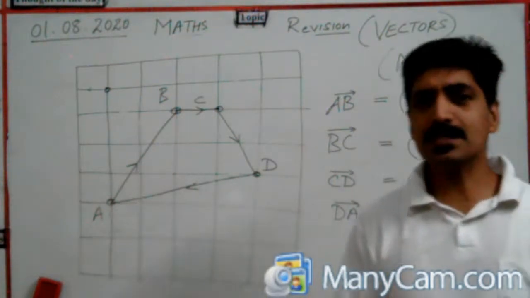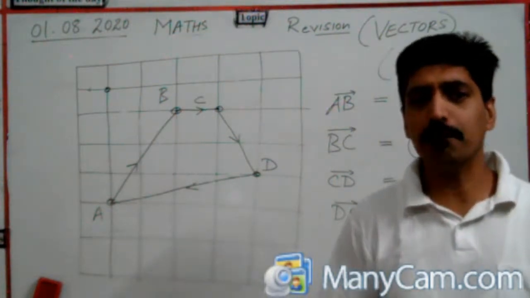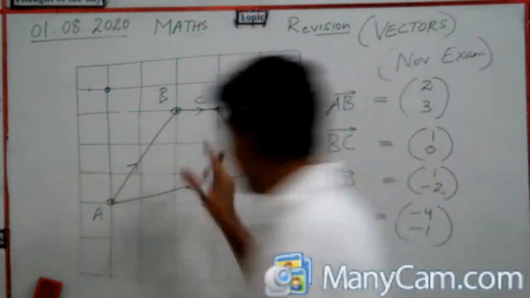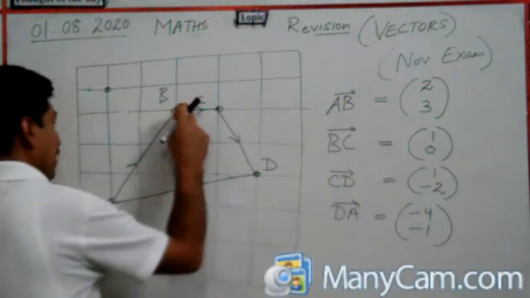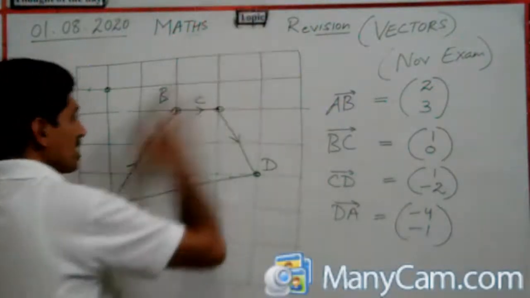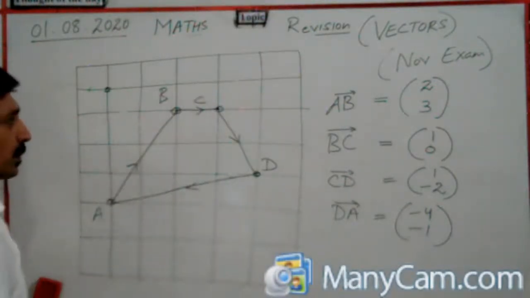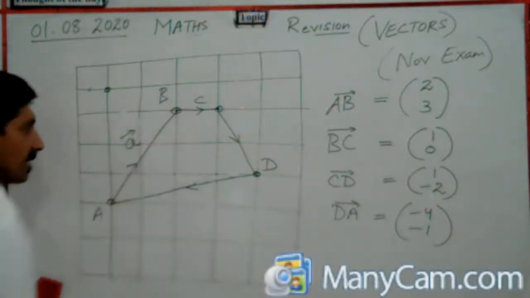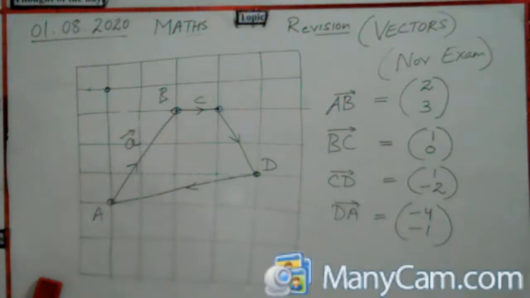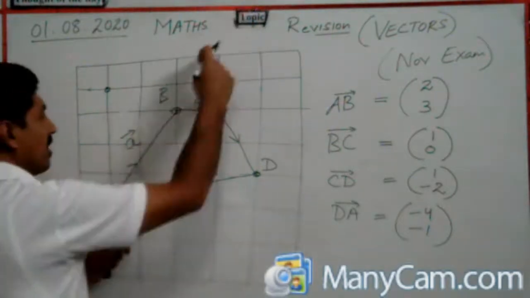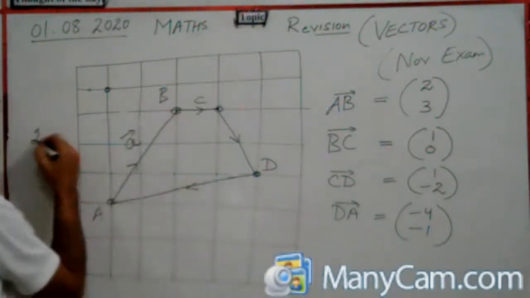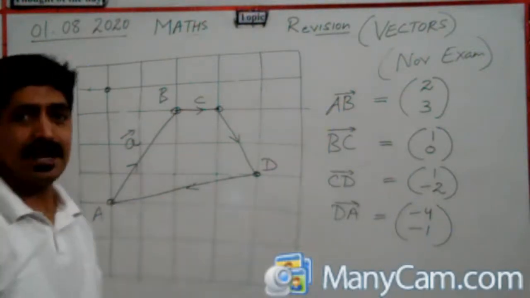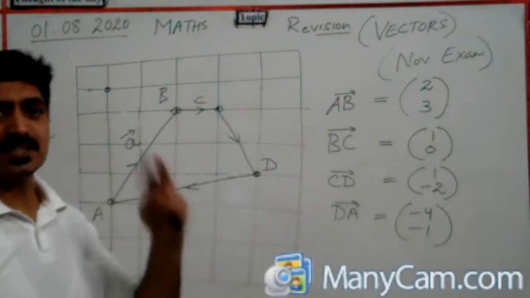Now, what is the magnitude of a vector? If I make this vector double, the direction remains the same, and we can sometimes denote vectors with small letters. So the same vector twice, the direction remains the same but the magnitude is twice.